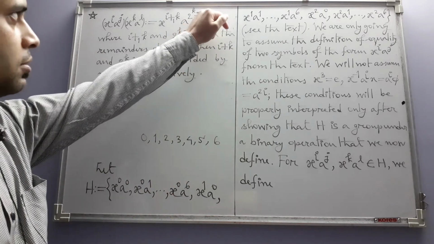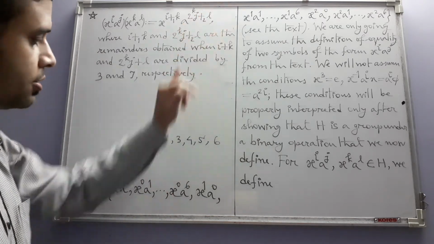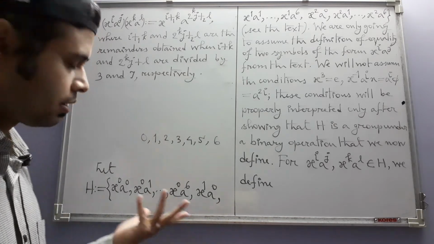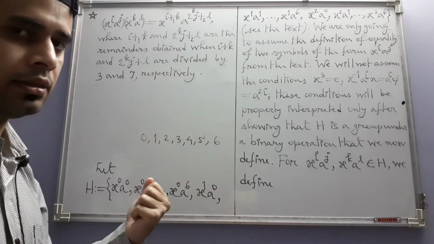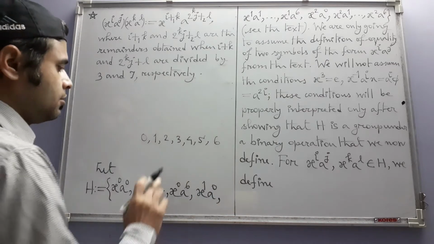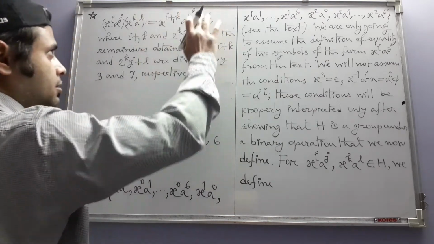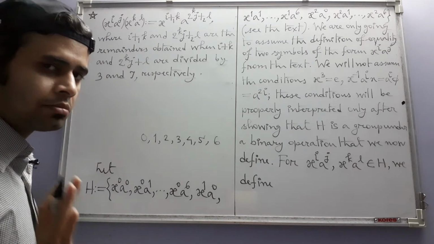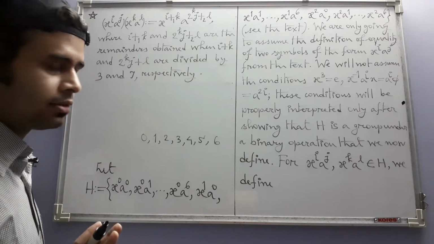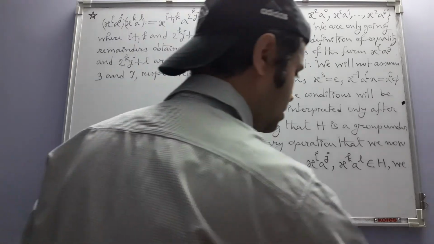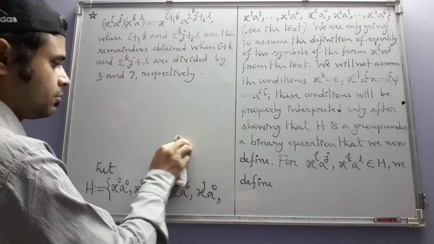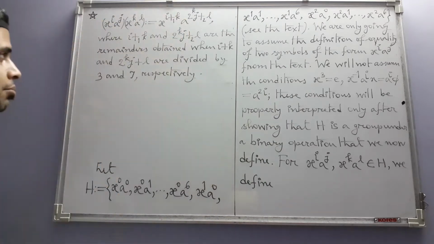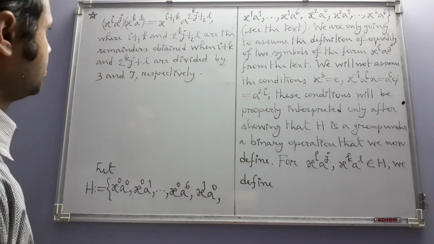So the exponent of a also is the ones that we are allowed to take here in this set. So this is again actually a symbol in H. That much we are sure of. Now comes the other part of showing that this operation is well defined.